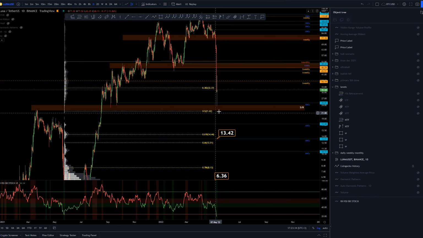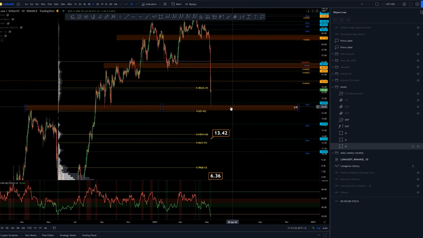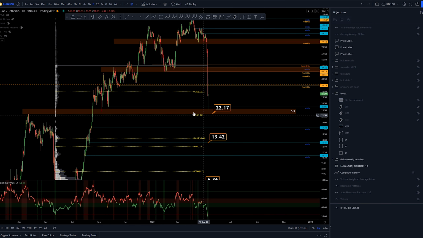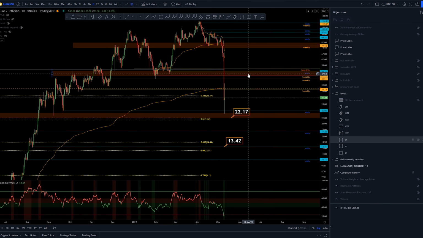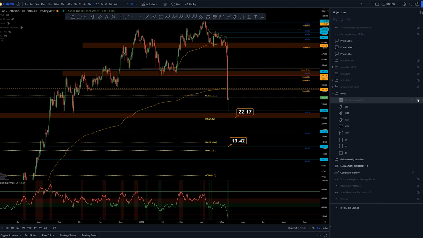And the current one that we are at, basically, or we were, was the support and resistance area around $22 with a 0.5 Fibonacci retracement as well. Yeah, that's pretty much it.